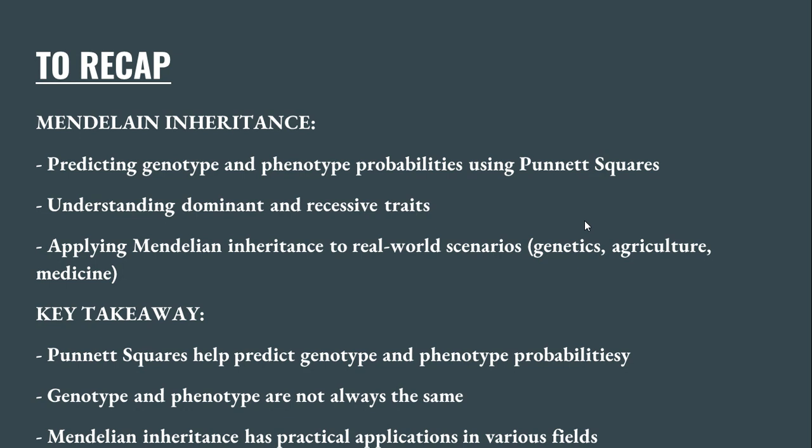So the probability of red flower is higher than the probability of pink flower. The probability of red flower will be 75%, while the probability of pink flower will be 25%. So that's how Punnett squares are applied.